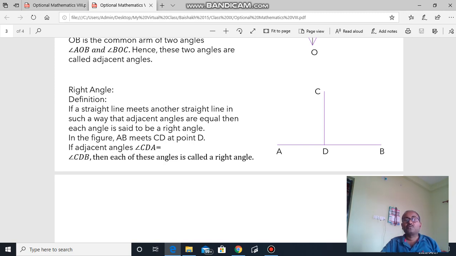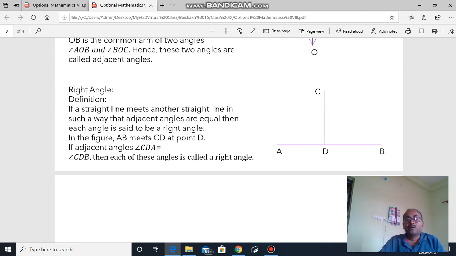Now let us come back to what is a right angle. Let us take the definition. If a straight line meets another straight line in such a way that adjacent angles are equal, then each angle is said to be a right angle. Here is the condition: one straight line meets another straight line, and the adjacent angles should be equal.